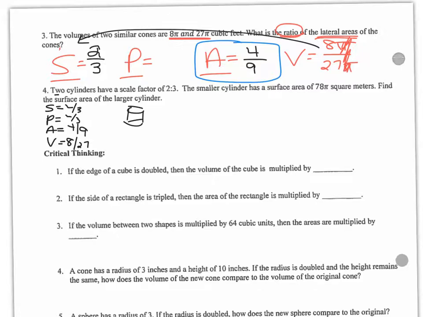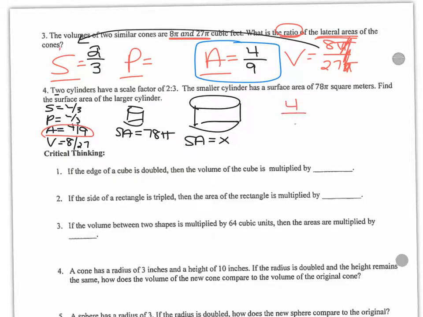It has a surface area of 78 pi. Find the surface area of the larger cylinder. Because I'm looking for surface area, I'm going to use the area ratio. So 4 over 9 equals, small number relates to small shape, big number relates to big shape.